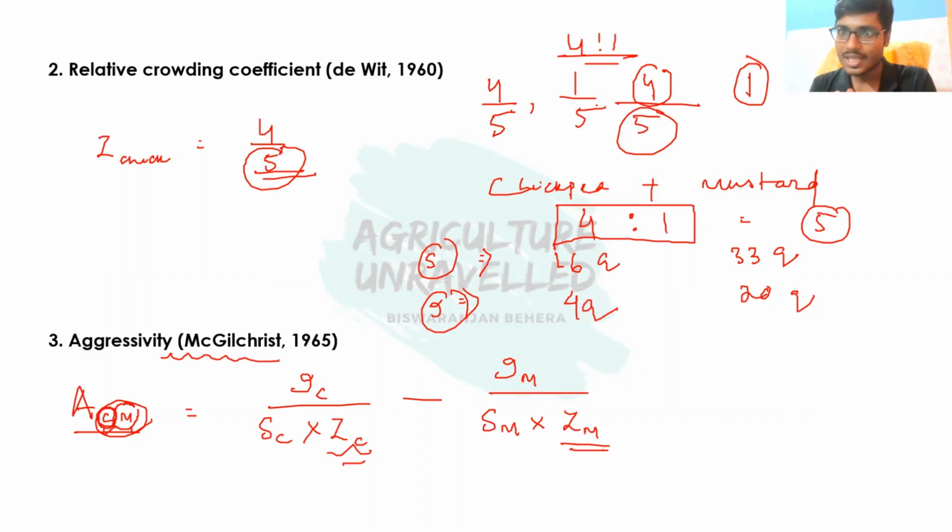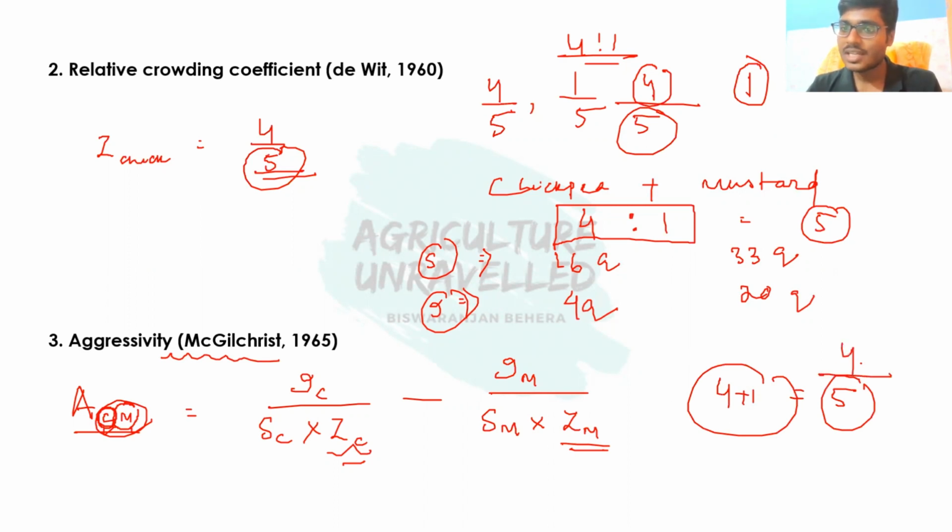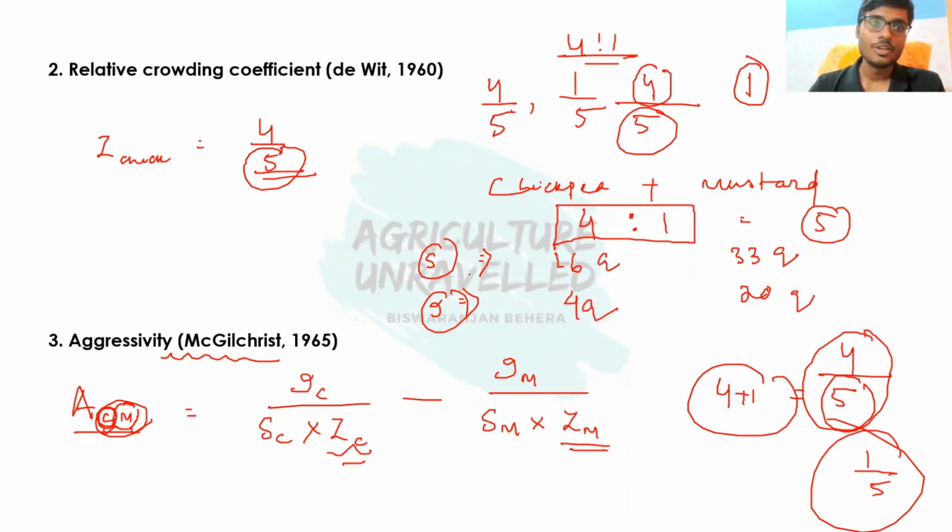The proportion means, out of the total amount, in which area the chickpea is shown and what is the quantity of area in which mustard is shown. So simply we add the proportions, that is 4 plus 1, that is 5, and out of this total, chickpea is 4 by 5 and mustard is 1 by 5. So I hope it is clear.